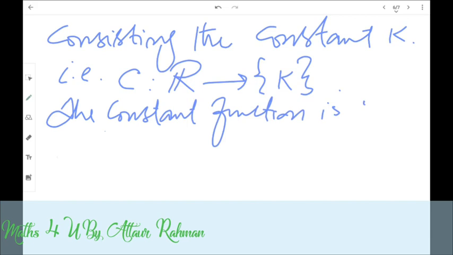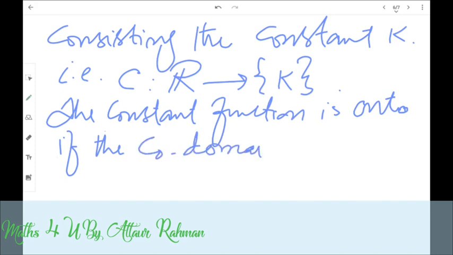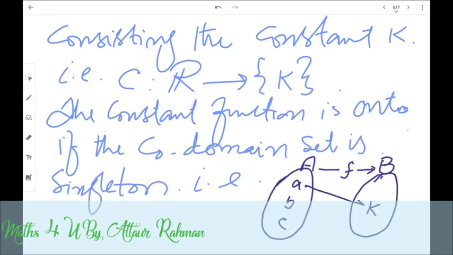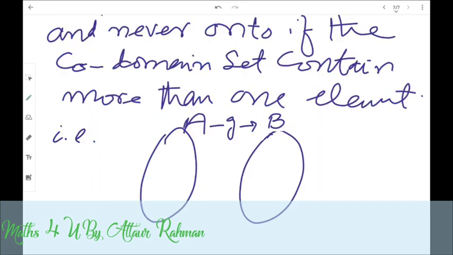The constant function will always be onto if the codomain set contains just one element, that is that constant, then it will be considered an onto function because the range will be equal to the second set, as is clear from the mapping diagram. Now it will never be onto if the codomain set contains more than one element.